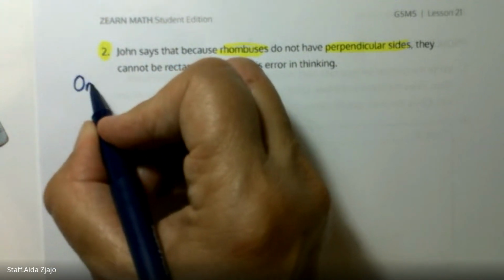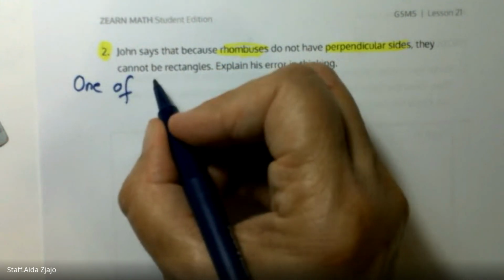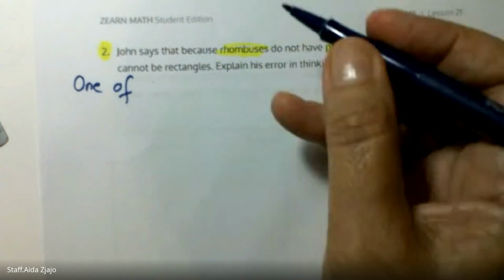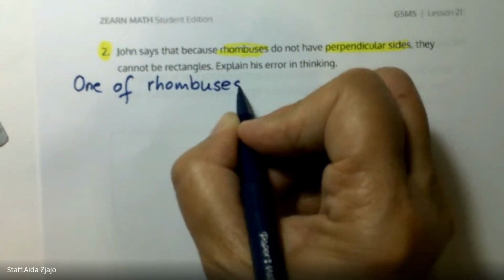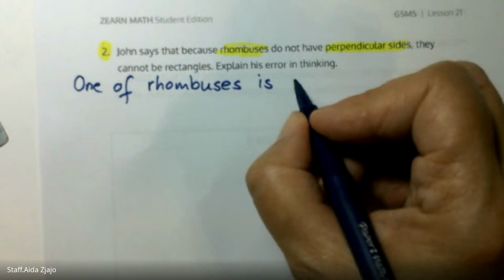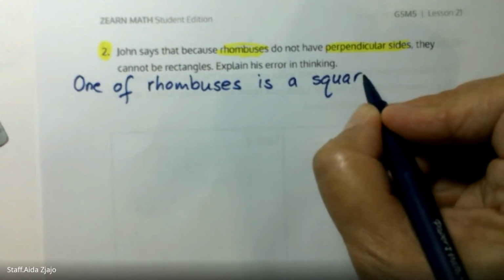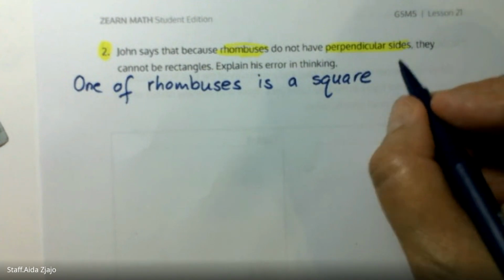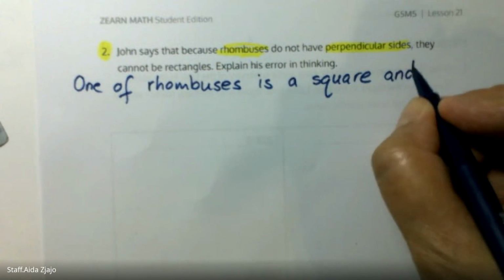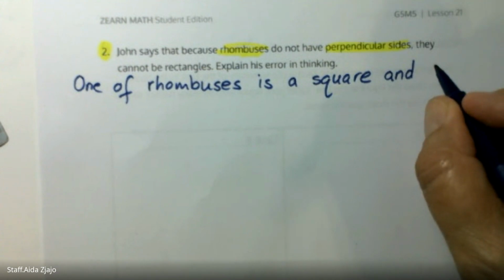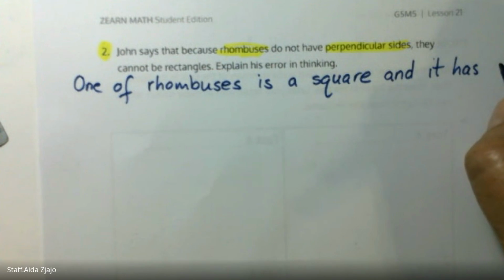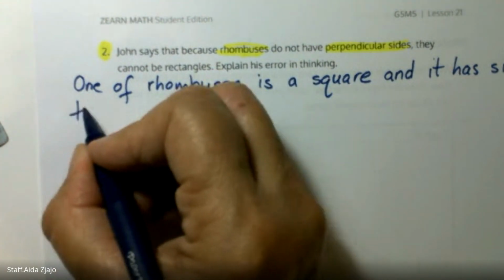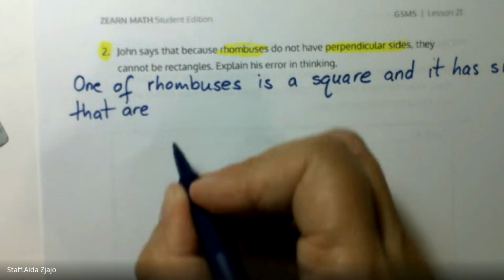One of the rhombuses is a square, and it has sides that are perpendicular.